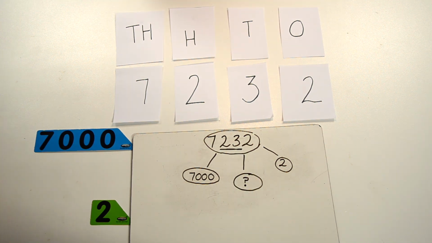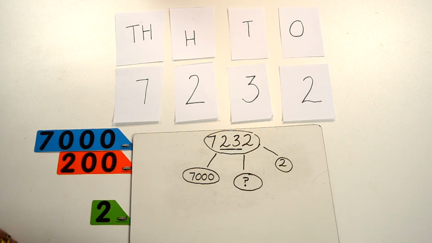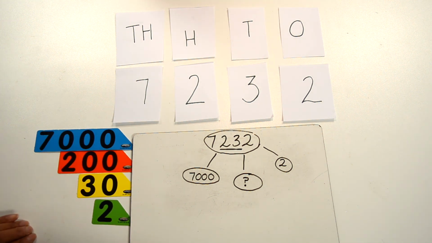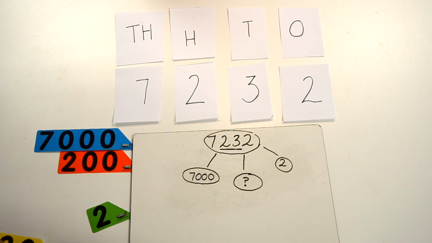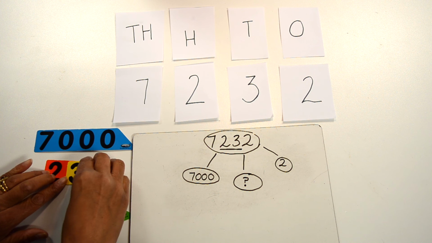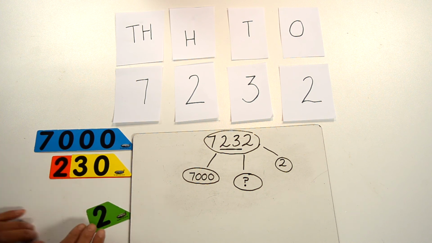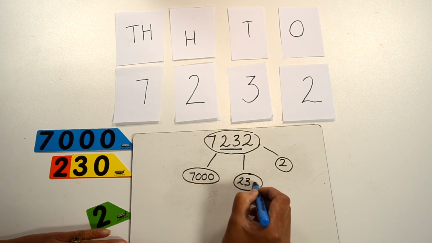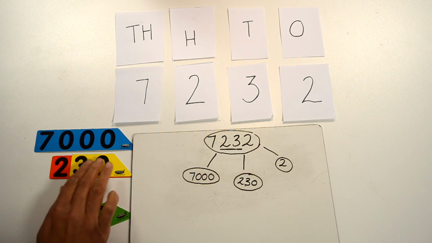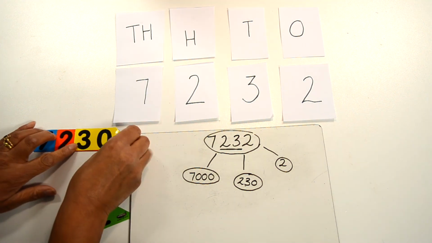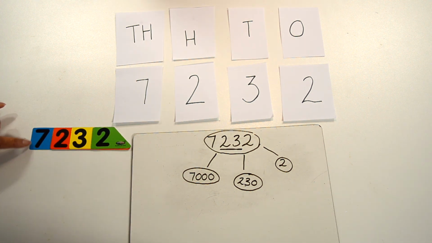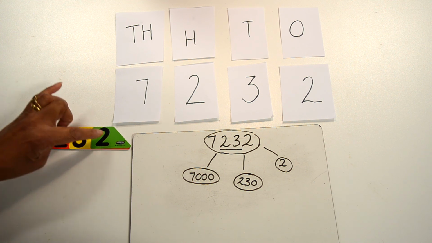Yes, you're absolutely right. 200. Here we have it. 200 and 30. Together, what number was missing? That's right. 230. Let's place our number together. And we have 7,232.